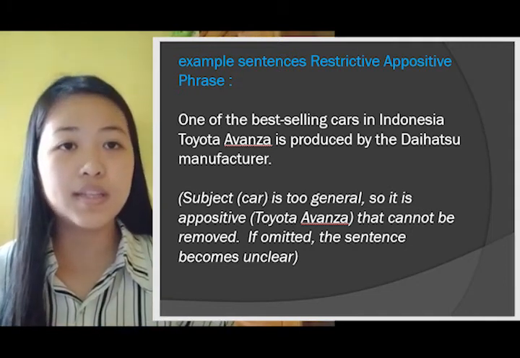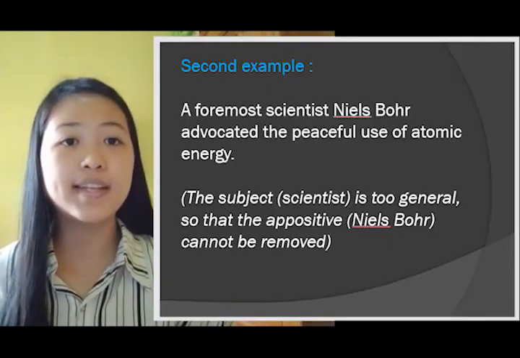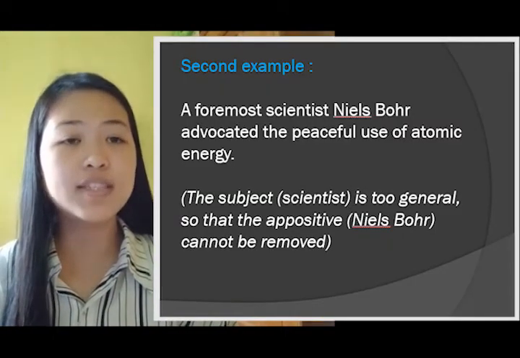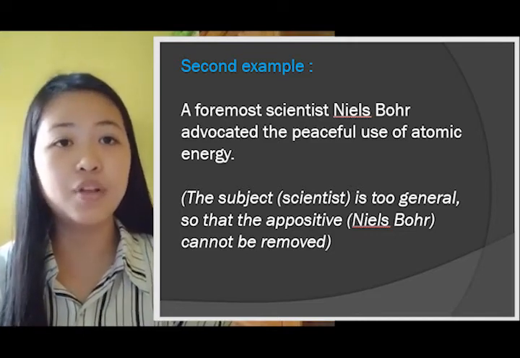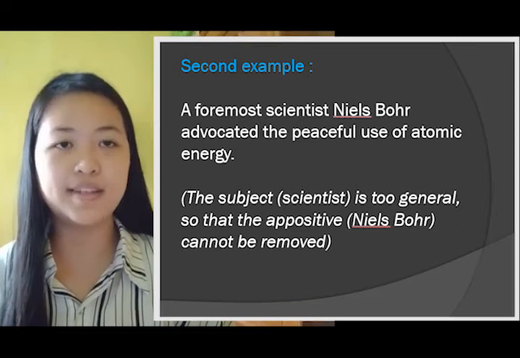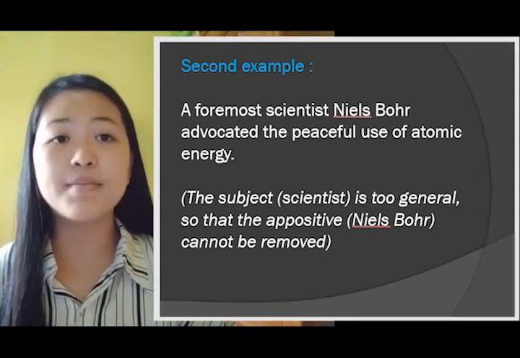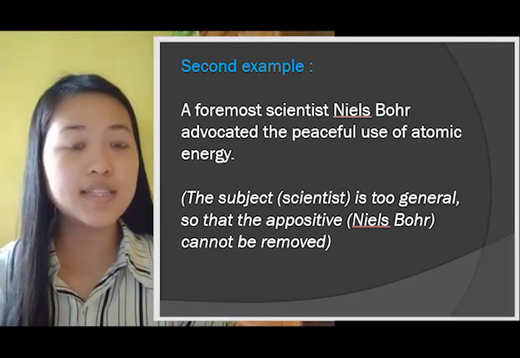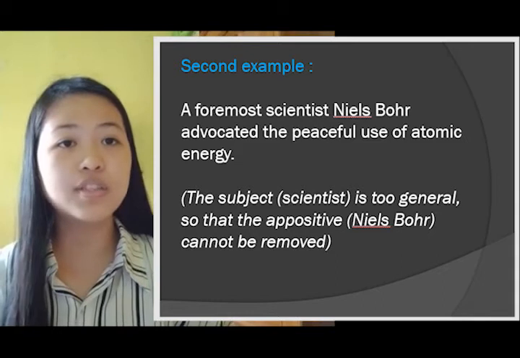If omitted, the sentence becomes unclear. The second example, a foremost scientist, Niels Bohr, advocated the peaceful use of atomic energy. Same as the first example, the subject, scientist, is too general, so the appositive, Niels Bohr, cannot be removed.